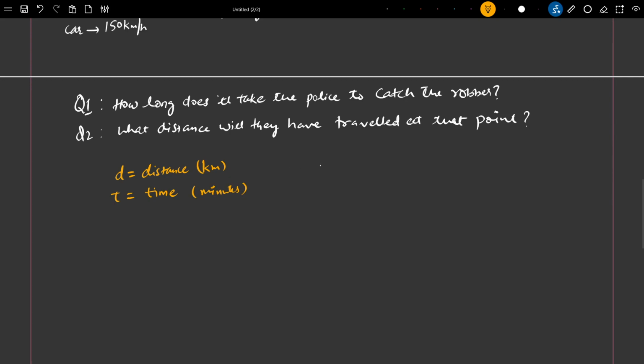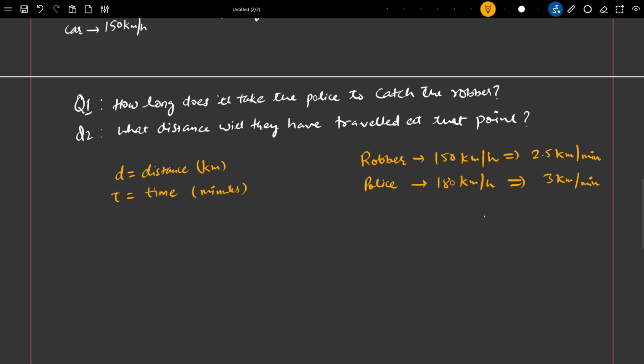Since we are considering time in minutes, and we know that the car speed was 150 kilometers per hour, if I convert into minutes, it will be 2.5 kilometers per minute. Similarly, for police it was 180 kilometers per hour, that will make it 3 kilometers per minute.